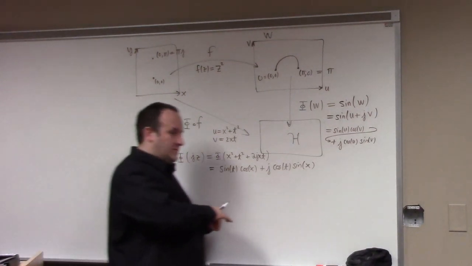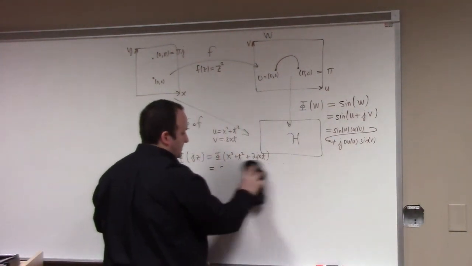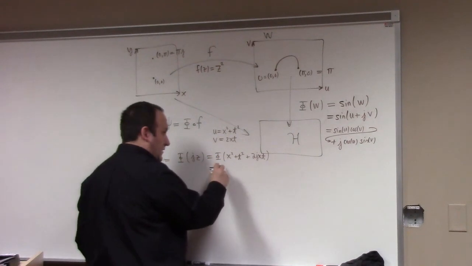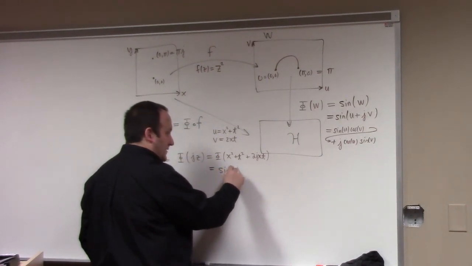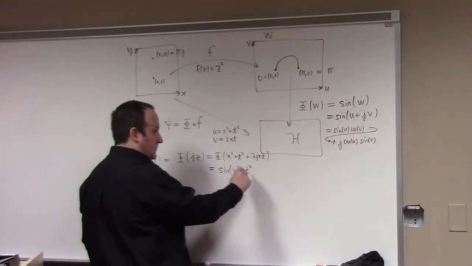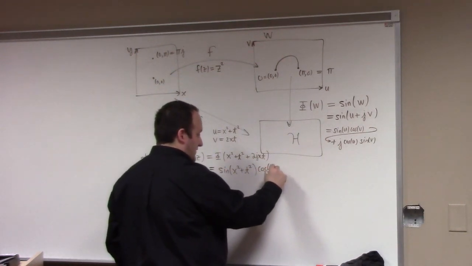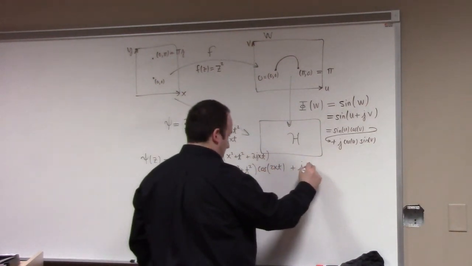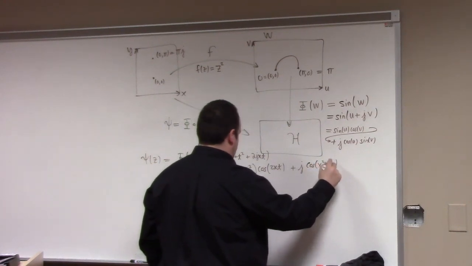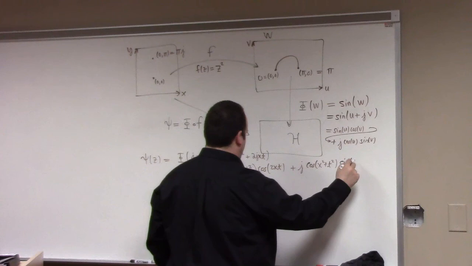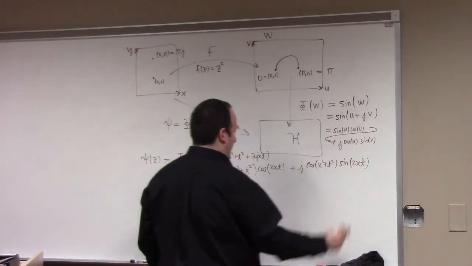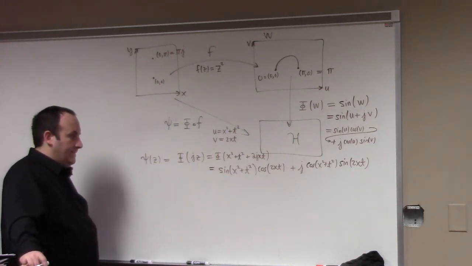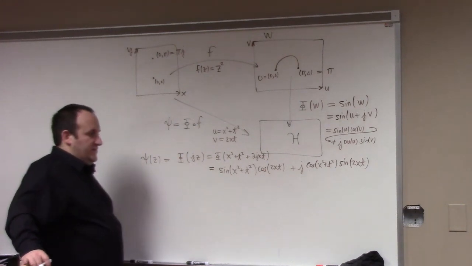So what solution to the wave equation does this give us? It gives us the sine of x squared plus t squared times the cosine of 2xt plus j times the cosine of x squared plus t squared times the sine of 2xt. Let's just try to analyze that for a second.